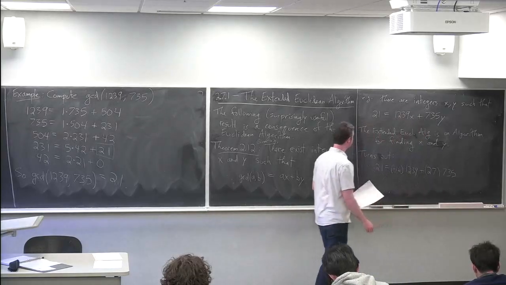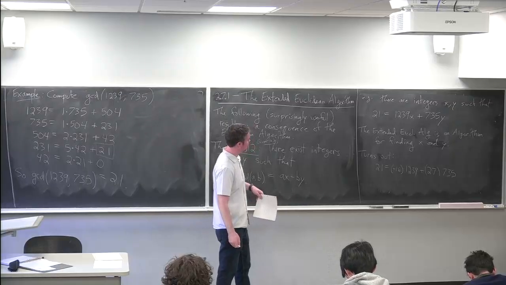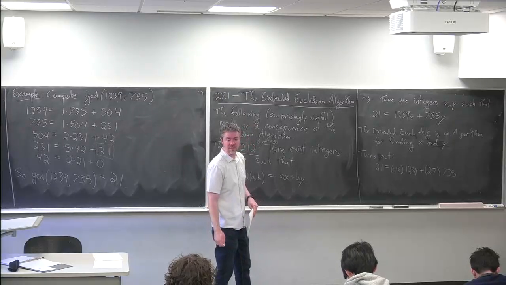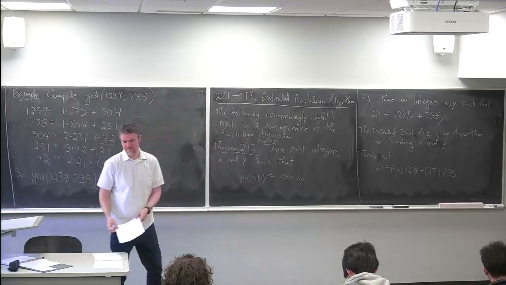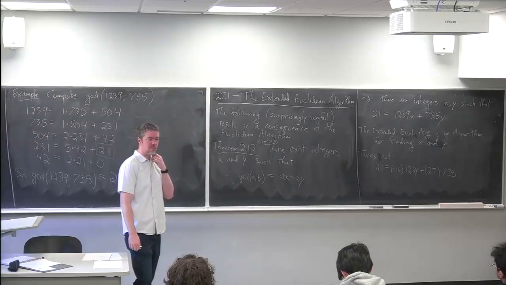I wrote it asymmetrically above, but the x is minus 16, the y is 27. Maybe you never would have thought that. So we're going to have a nice foolproof algorithm for finding these things. So look at it next time.